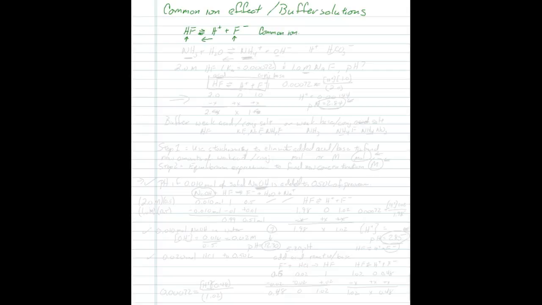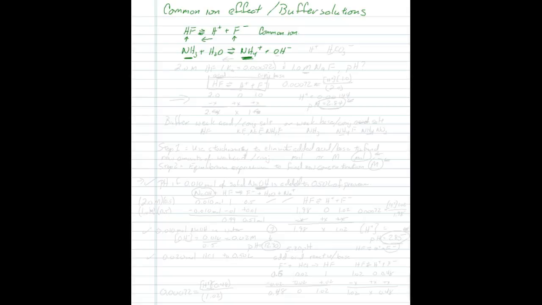If you would put in some sodium chloride, it would not affect anything, because chloride is not F. Same thing can go for bases. If you have the equilibrium NH3 plus H2O, equilibrium NH4 plus OH minus, and you put in a whole bunch of, say, ammonium bromide, that would increase this.